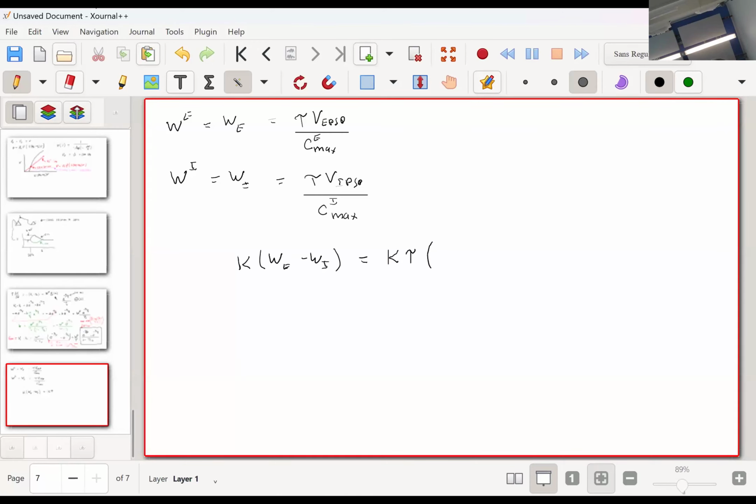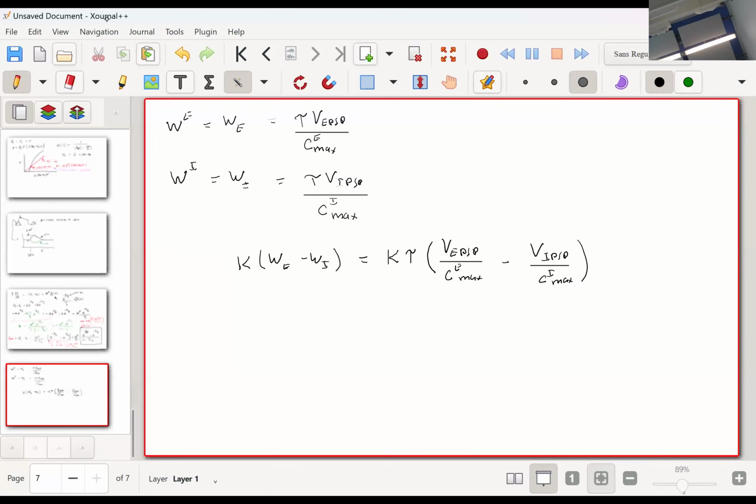So we have V ePSP over CE max minus V iPSP over CI max.